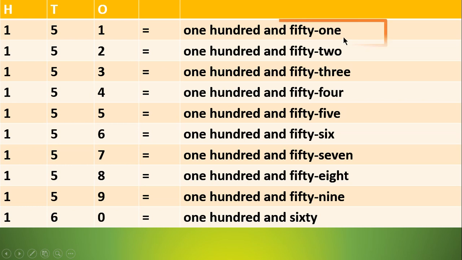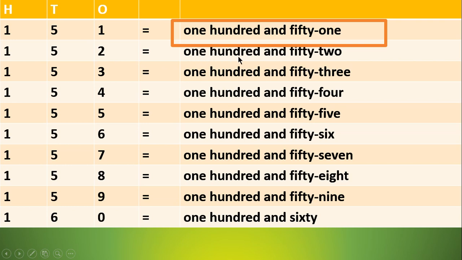It is 151. Can you write the spellings of 155? Think about it. Very nice. Oh, you can also see from the video. So it's ONE 1, HUNDRED 100, and FIFTY 50, and FIVE 5, 155. Now let's read all the spellings very quickly.